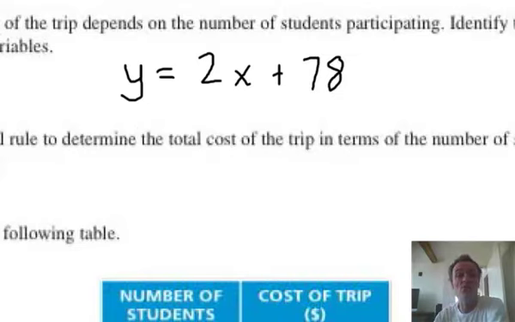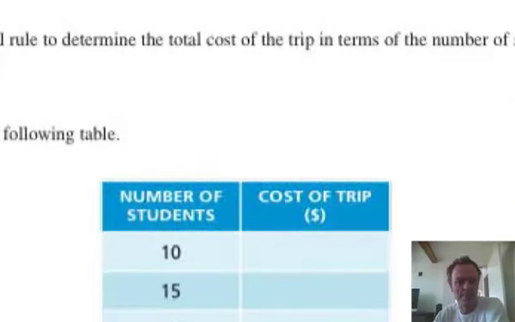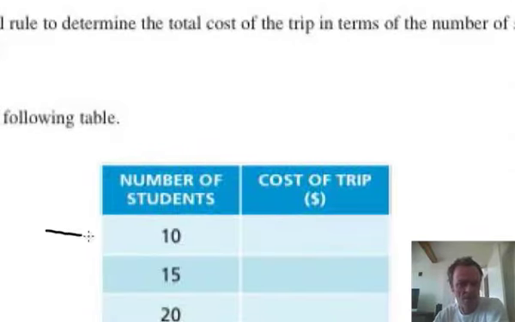But all I'm going to do now is erase this and write this. C of x. That's all I've done. This is a cost equation, so I'm going to call it C. The cost is. So if the number of students is 10, what I'm saying is this.